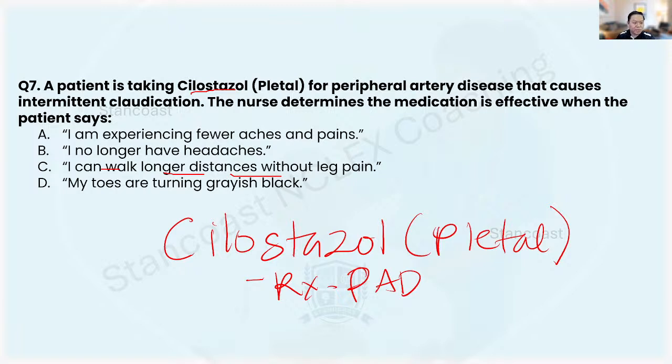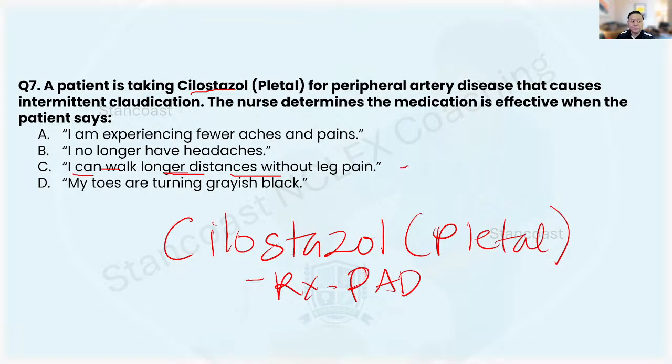And when you're going to evaluate the effectiveness of the medication therapy, you're going to ask, hey, how are you feeling? Do you feel a lot better while taking the medication? If they say yes, well, that's good, right? They say, I can walk longer distances without leg pain.